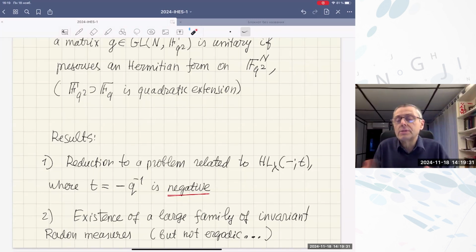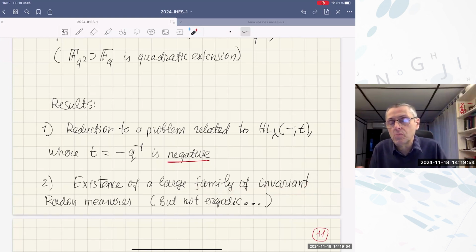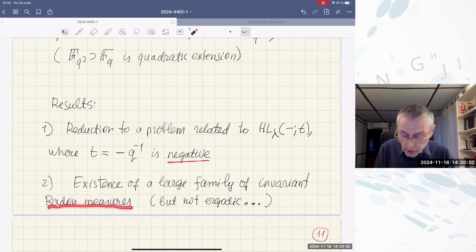But there is some indication of the direction in which one can try to go. Nevertheless, we can prove the existence of a large family of coadjoint invariant measures, so we already know that there are plenty of measures, just as in the case of GLB, which are invariant Radon measures.